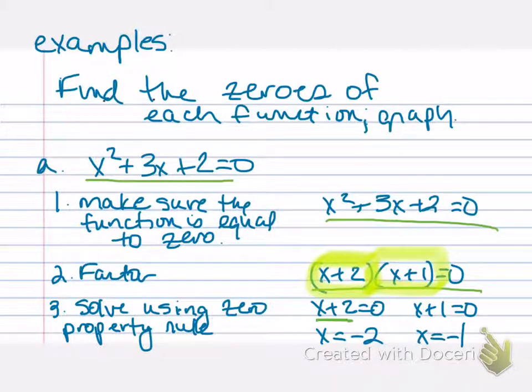Once we've done that, we use our zero property rule and we find the numbers that would indeed make a factor equal to 0. Those, remember, are our x-intercepts. So what we're talking about is to find the points on the graph where it crosses that axis.